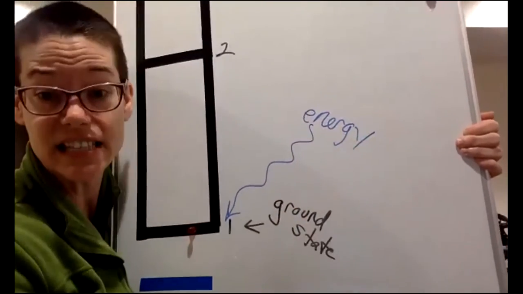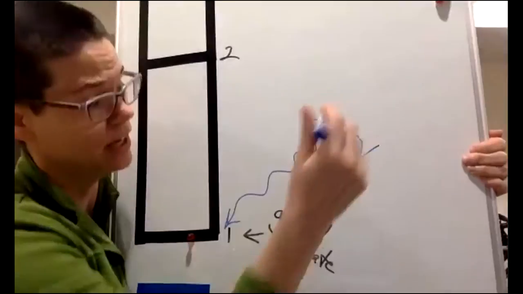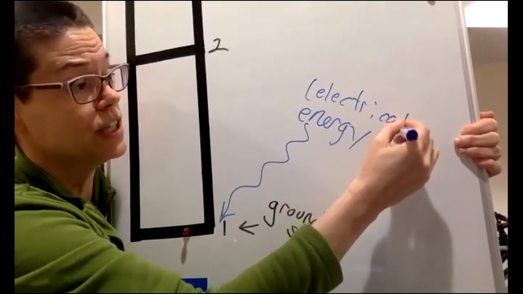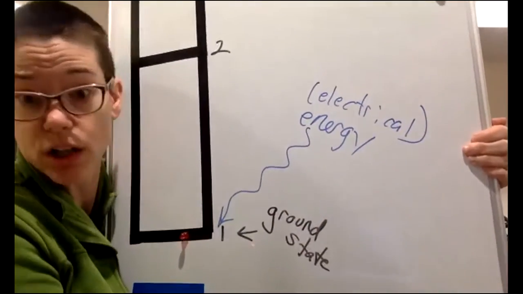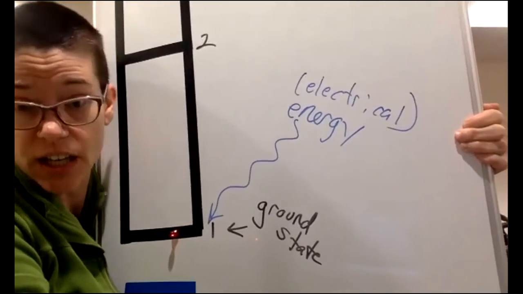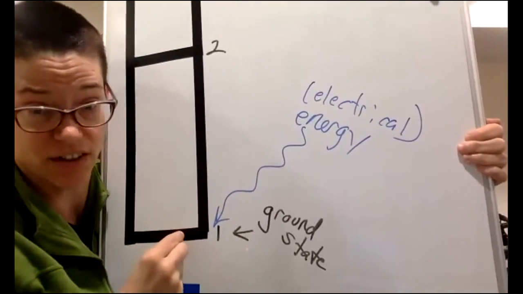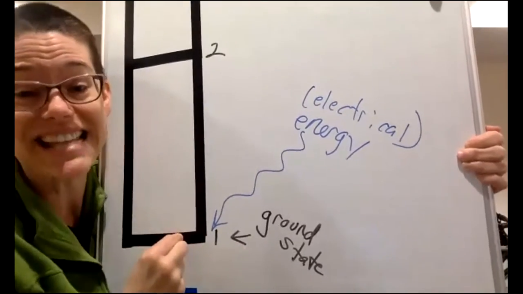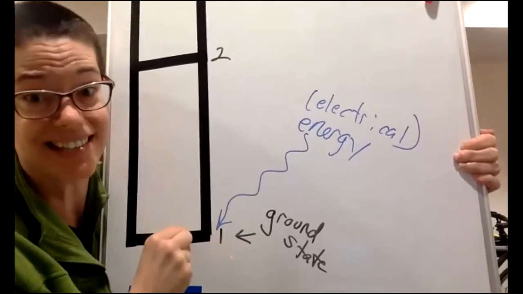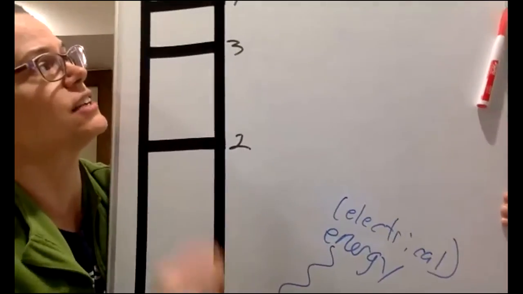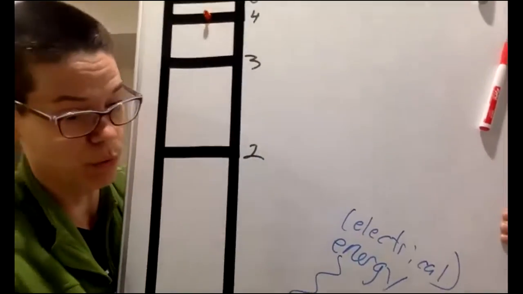In the instance of what we were just using, it was electrical energy, right? I was literally using electricity from the wall to supply energy to that light bulb. That energy goes in and it goes to this electron. Once this electron takes in energy, it cannot stay on the ground state. So it jumps. Let's say it jumped all the way up here to 4.